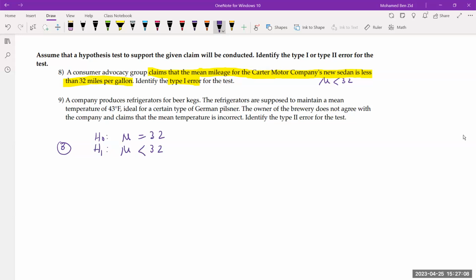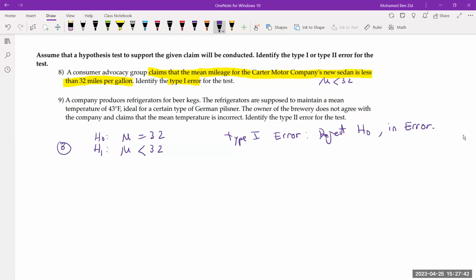Now, what is type 1 error? Type 1 error is to reject the null hypothesis, or H0, in error. What does in error mean? It means whenever you reject H0, you are making a mistake. So what is H0?